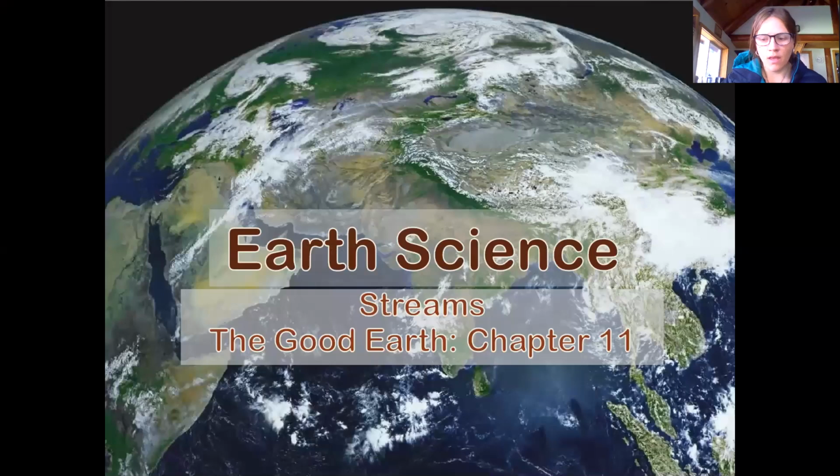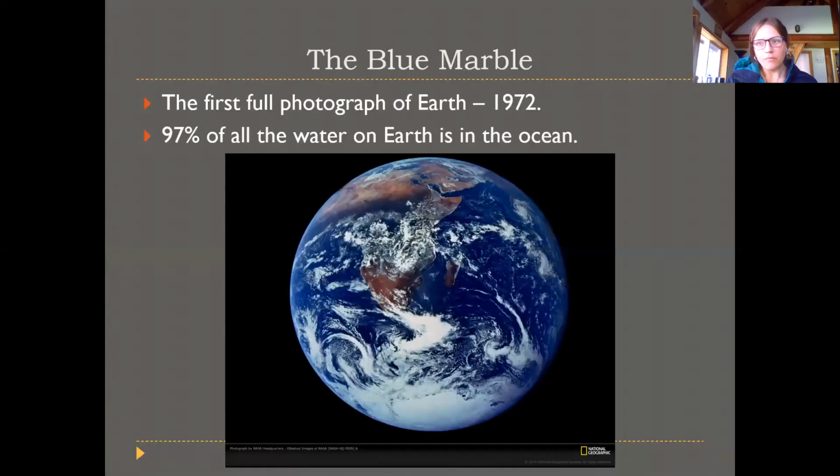Okay. So, first of all, as we get into the discussion of water, it's important to remember that our Earth is very special in the fact that it contains an enormous amount of liquid water. This picture is a famous photograph called the Blue Marble. It was the first full photograph that was taken of the planet Earth by the Apollo missions in 1972.